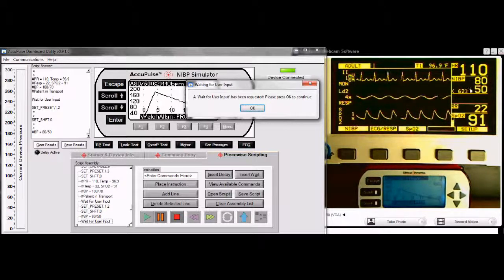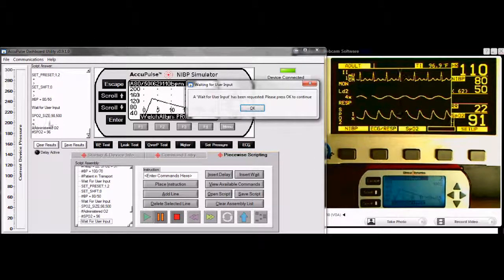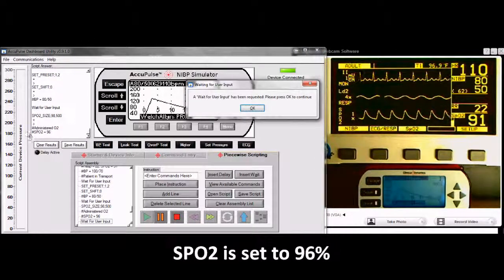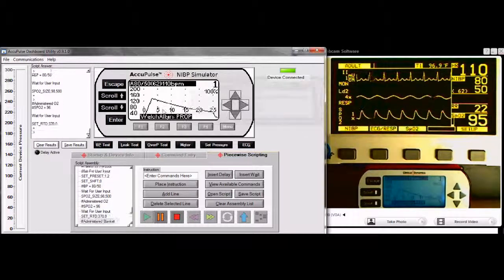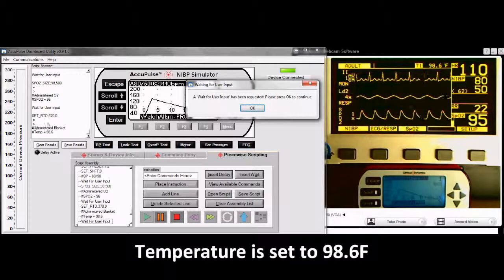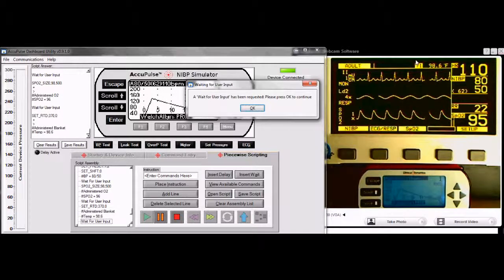First, hypoxia is treated with oxygen supplement and the O2 saturation climbs back to 96%. Next, a warming blanket is applied and body temperature returns to 98 degrees Fahrenheit.